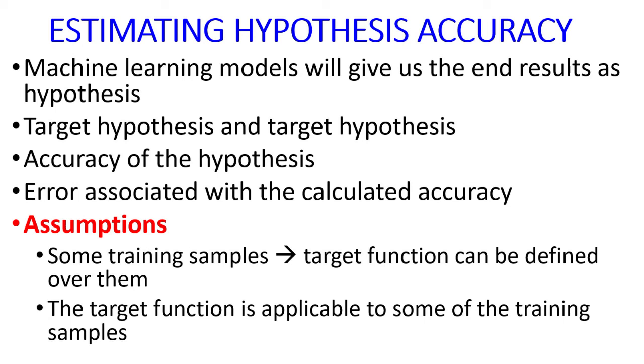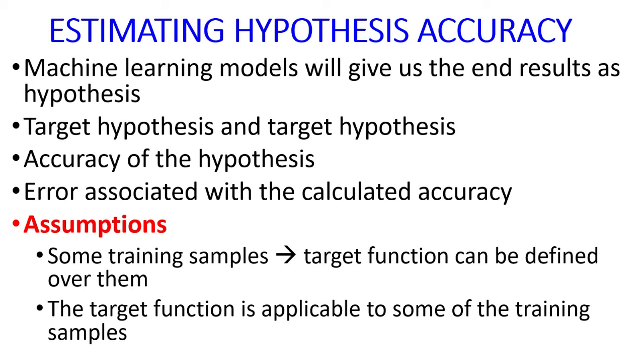Notice that there may be many functions which can do this job, but the one which we select will become the target function. Our assumption is that the target function is applicable to some of the training samples. Example, people.